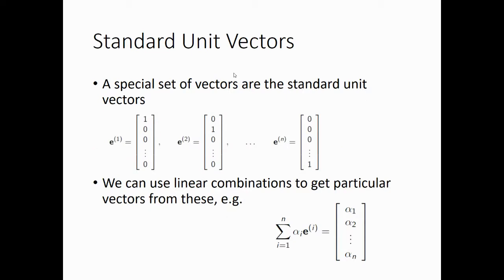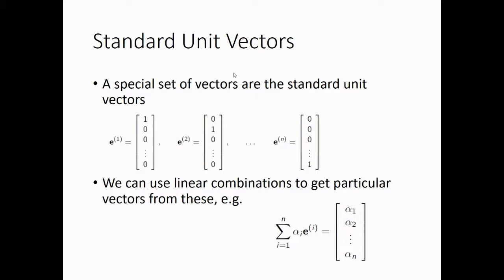A special set of vectors that stand out are the standard unit vectors. Basically, e1 is 1 in the first position, 0 elsewhere; e2 is 1 in the second position, and 0 elsewhere; en, assuming it's a 1 by n vector, has the 1 in the last position.